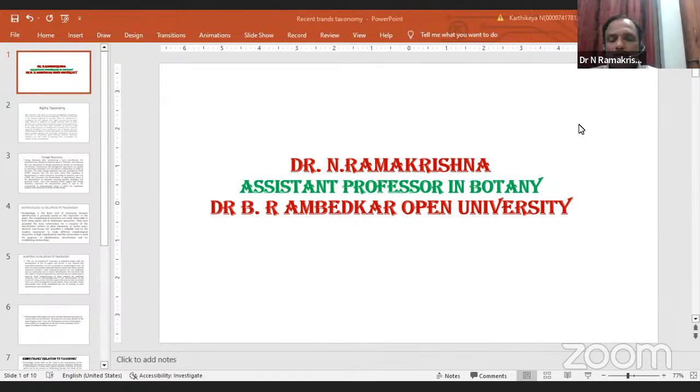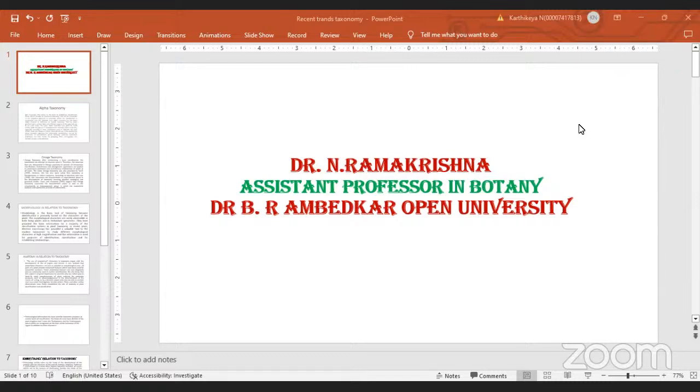You already know angiosperms are flowering plants. Traditionally, as you know very well, angiosperms are divided into mainly two groups. How many groups of angiosperms? Two groups.